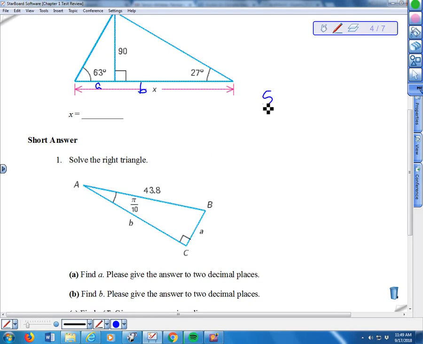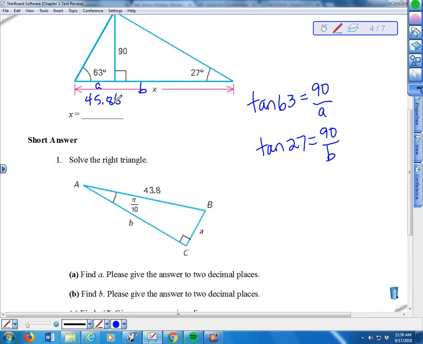So sine, no, cosine, nope, tangent equals 90 over A, and then I have tangent 27 equals 90 over B. So 90 divided by tangent 63 is 45.86, and then I have 90 divided by tangent 27, which is 176.63, and add those together to get 222.49.